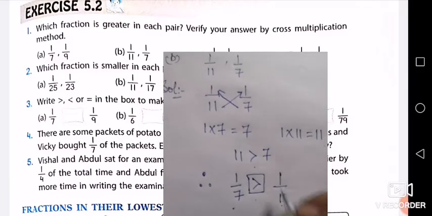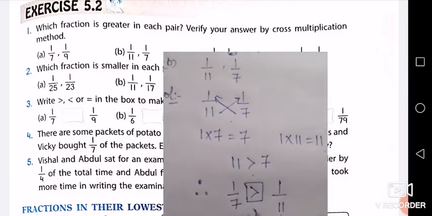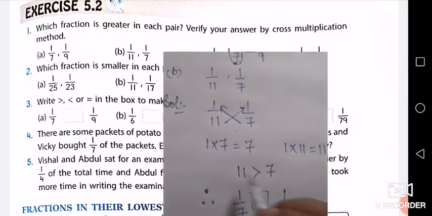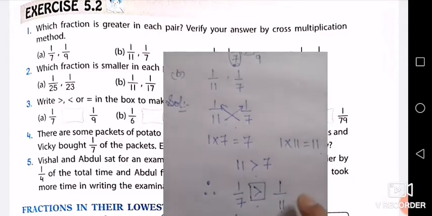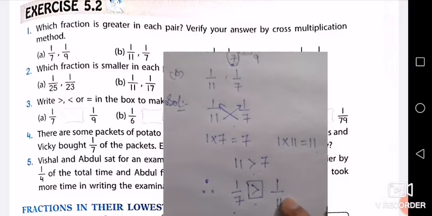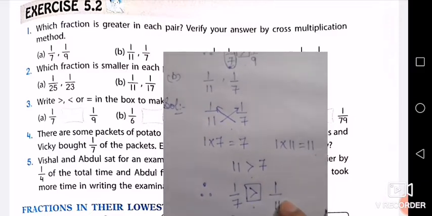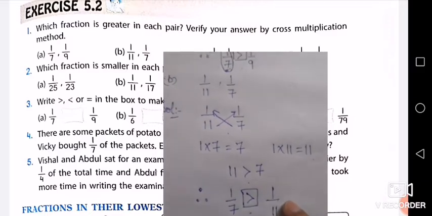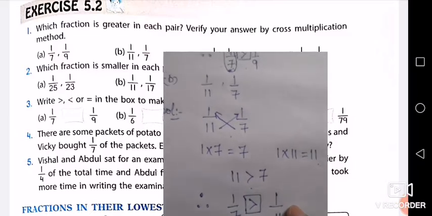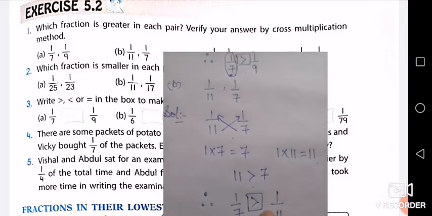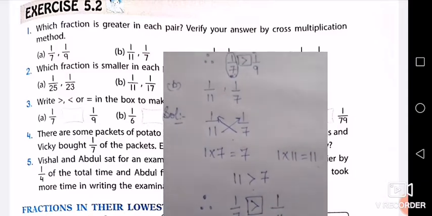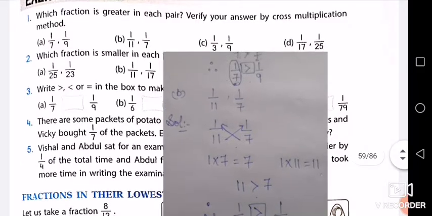This method is called the cross multiplication method, and it is very easy to do with this method. So you can do all the questions wherever you have to compare, whether you have to tell the greater or the smaller number in a given fraction, you can opt for this cross multiplication method only.